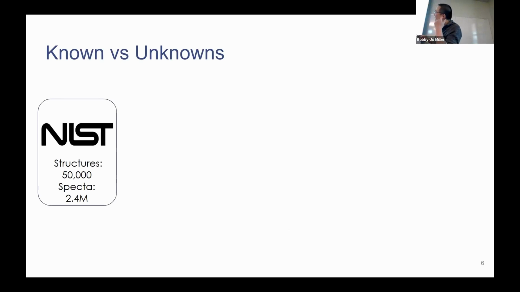NIST 23 is the most comprehensive, high-quality data set we have so far. It consists of 50,000 molecular structures and about 2.4 million spectra. So depending on how you collect data, each molecule can have multiple spectra.